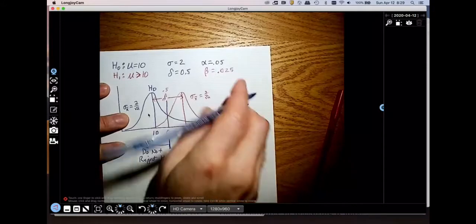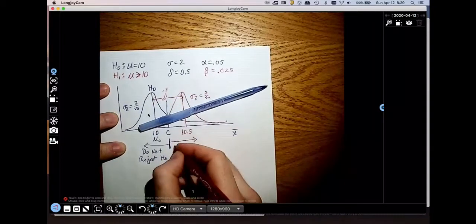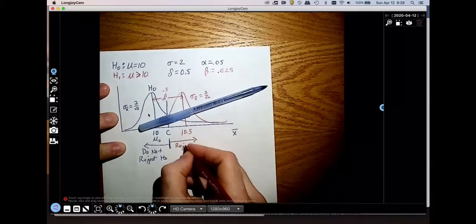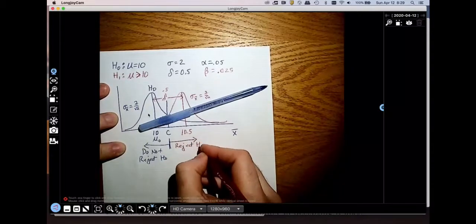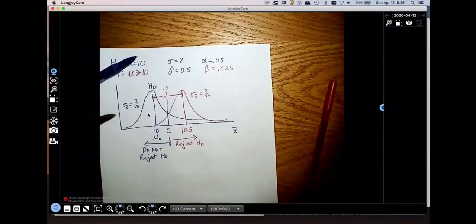But whenever my x bar is bigger than C, we will reject H naught. So that's what the C is implying.